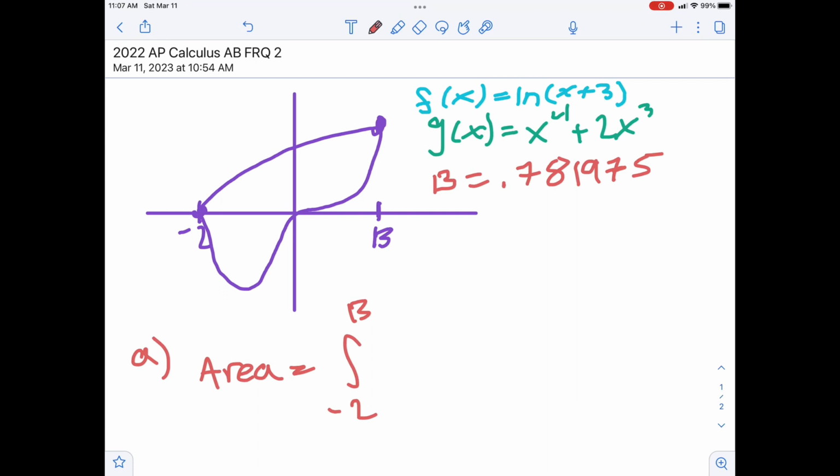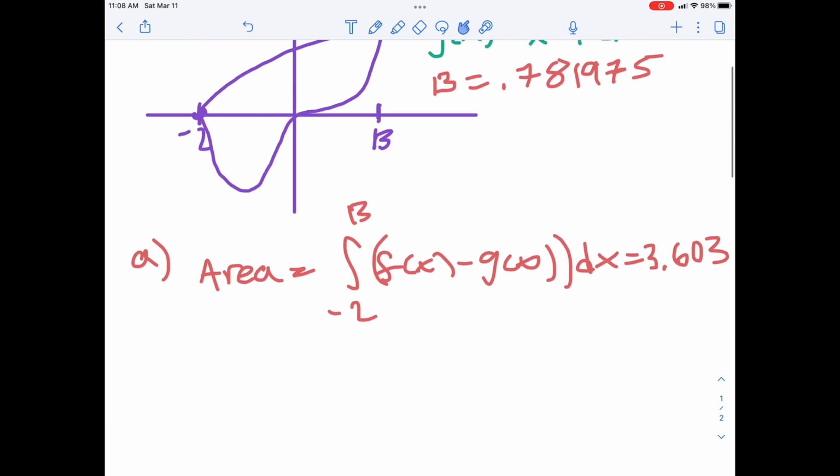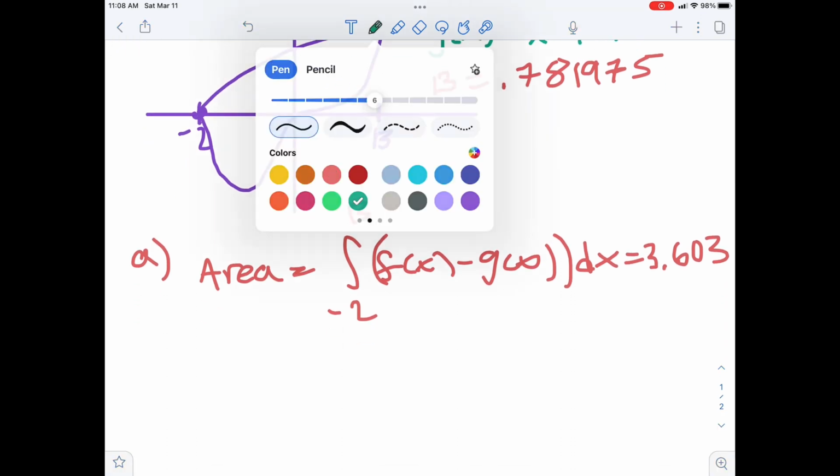And then it's just our upper graph minus our lower. So we're given the integral of f of x minus g of x with respect to x, or across x, and this equals 3.603. And so that is the area between our graphs. So we're already done with part A.